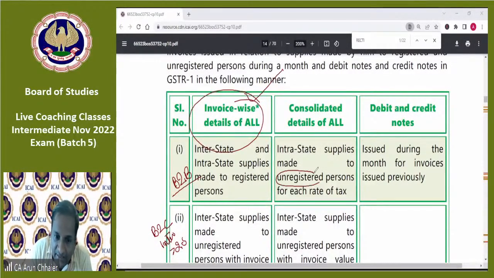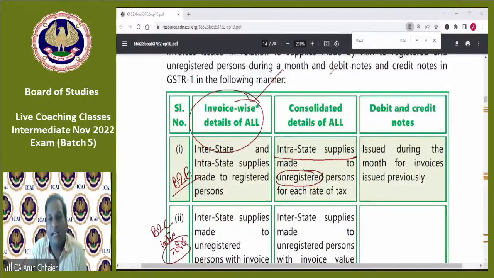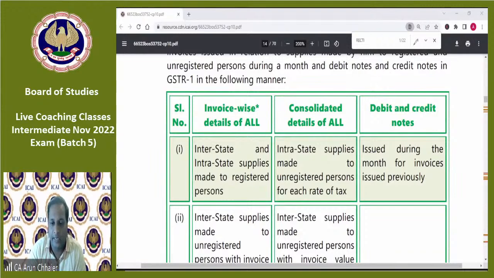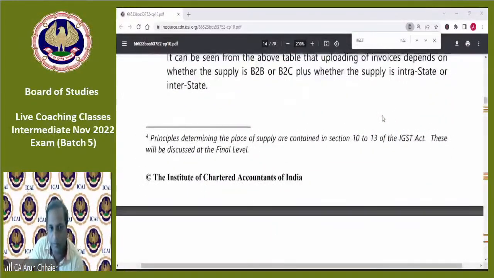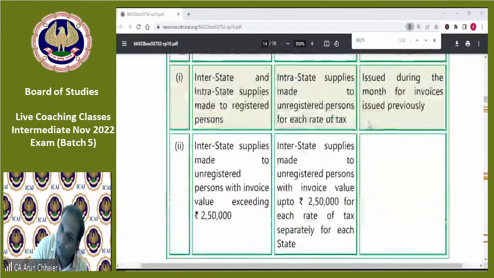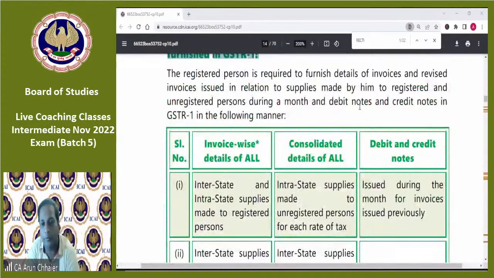Intrastate supplies made to unregistered persons, or interstate supplies up to rupees 2.5 lakh, will be consolidated. And debit and credit notes you need to report. If the original invoice information is consolidated, then again consolidated. If original invoice information is detailed, then you need to report the details.